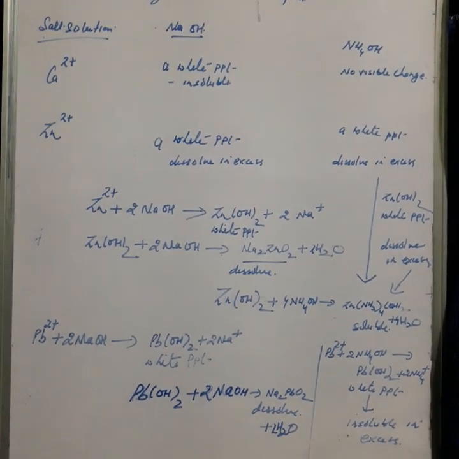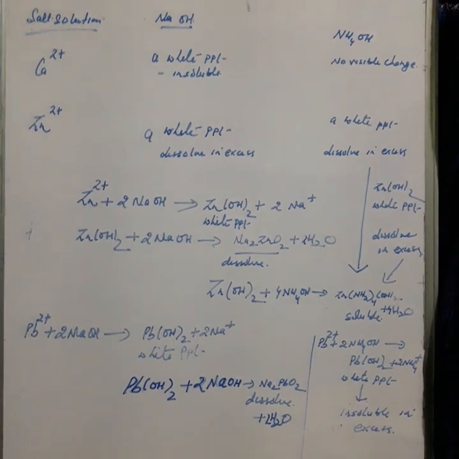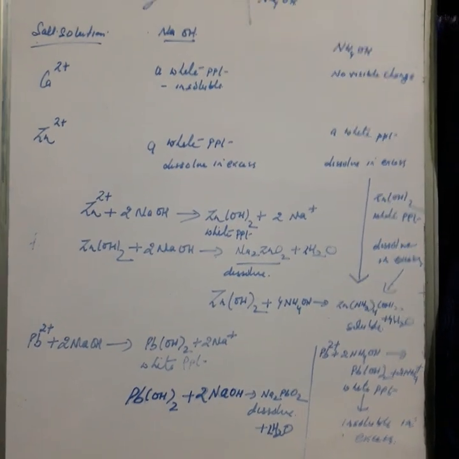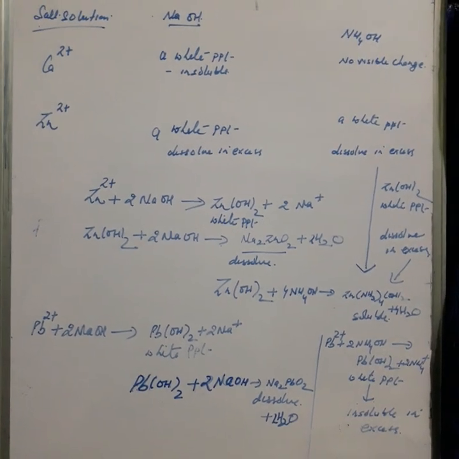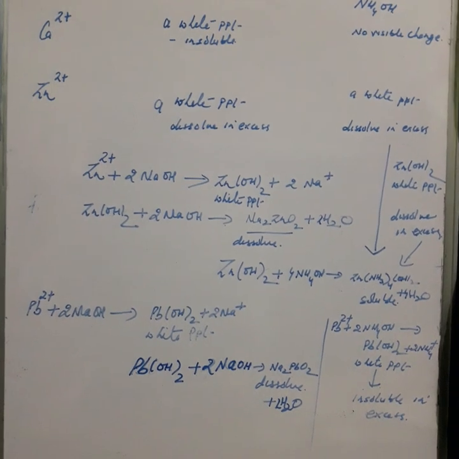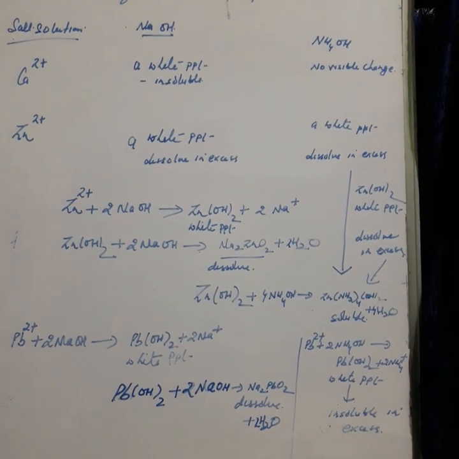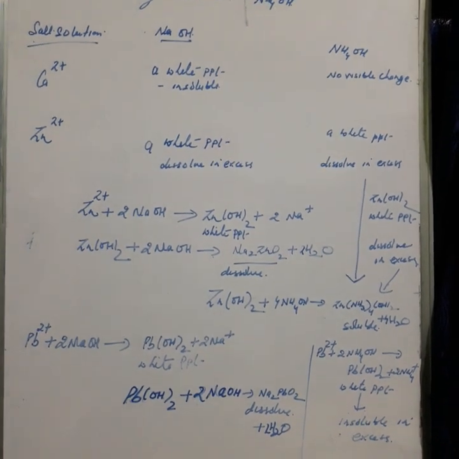So here what is the observation of copper? Copper will remain insoluble in NaOH and dissolve in ammonium hydroxide. What is the color of copper hydroxide? You must remember the different colors, that's very important. Copper hydroxide is pale blue in color. When it dissolves in ammonium hydroxide, it will give inky blue color of copper tetraamine.